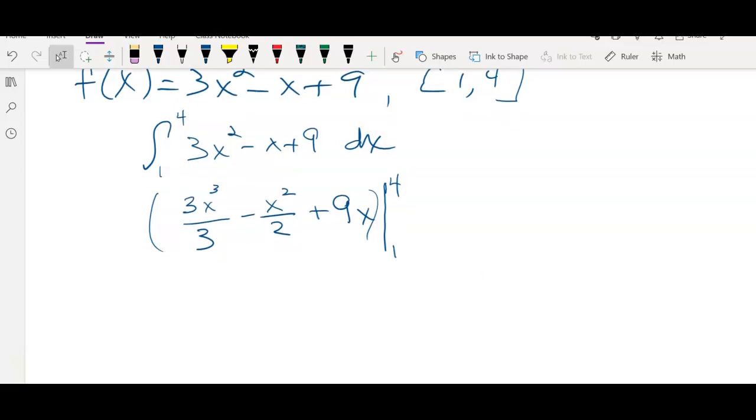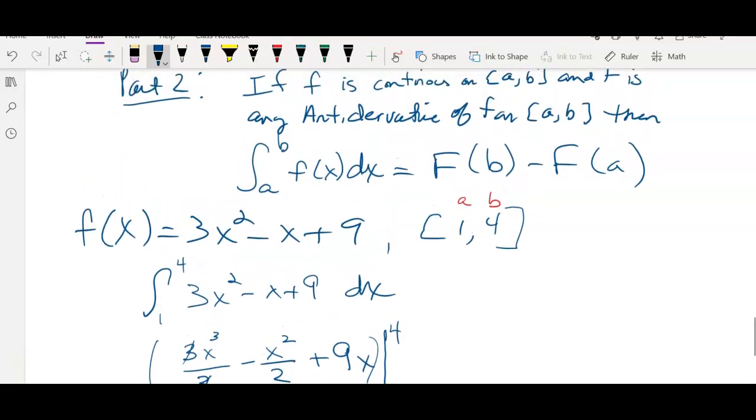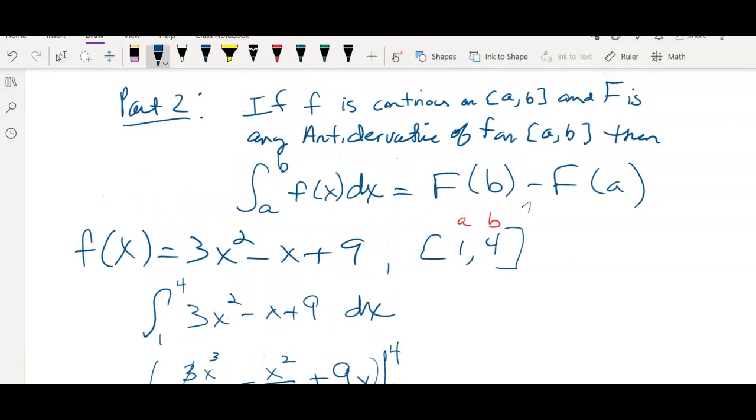So what does that mean I have to do? Now I have to plug it in. All right, so I start with the 4. We can cancel the 3's, right? So I have 4 cubed minus 4 squared over 2 plus 9 times 4. Please use parentheses, because watch. What does this say we need to do? You have to subtract.